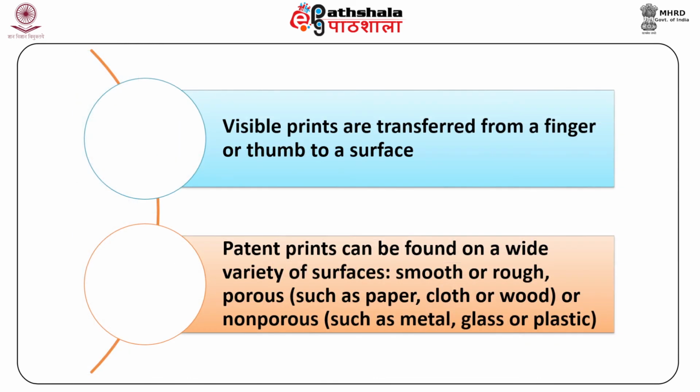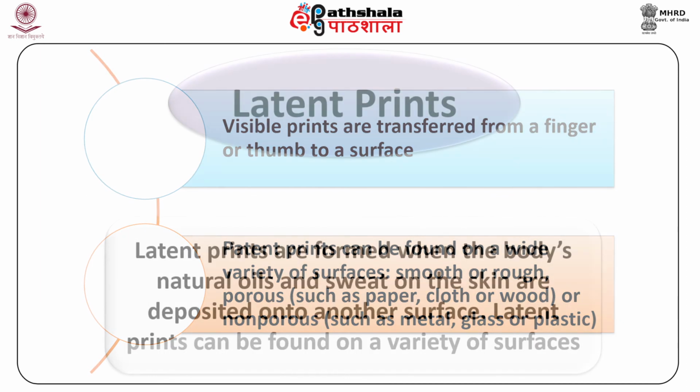Visible prints are formed when blood, dirt, ink, paint, etc. is transferred from a finger or thumb to a surface. Patent prints can be formed on a wide variety of surfaces, smooth or rough, porous such as paper, cloth or wood, or non-porous such as metal, glass, or plastic.